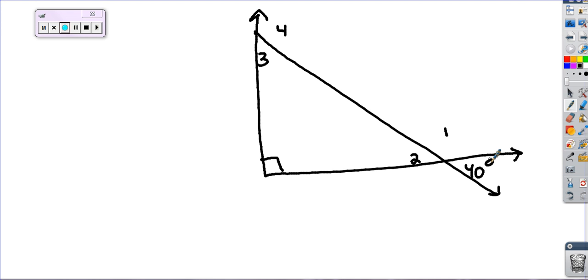All right. So we just drew a shape. Using that information that we just discovered, we can find out all of the missing angles based off the information that I have right here.